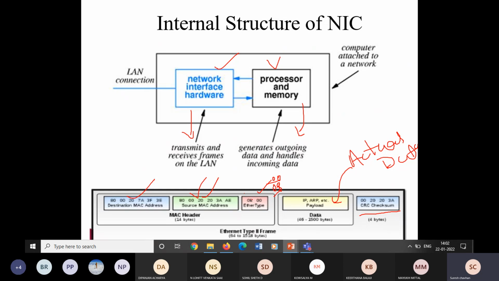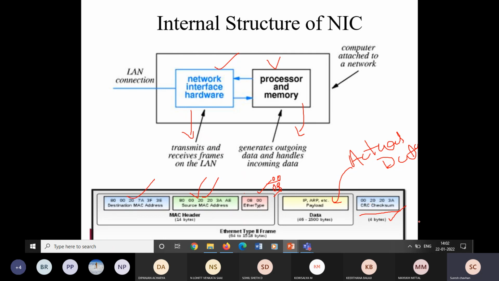There are two types of Ethernet, 08 and 00, correct? And the actual data we have appended here, and along with that there is a CRC or the checksum, right? These are the two different techniques used to detect and correct the errors in the data packets.